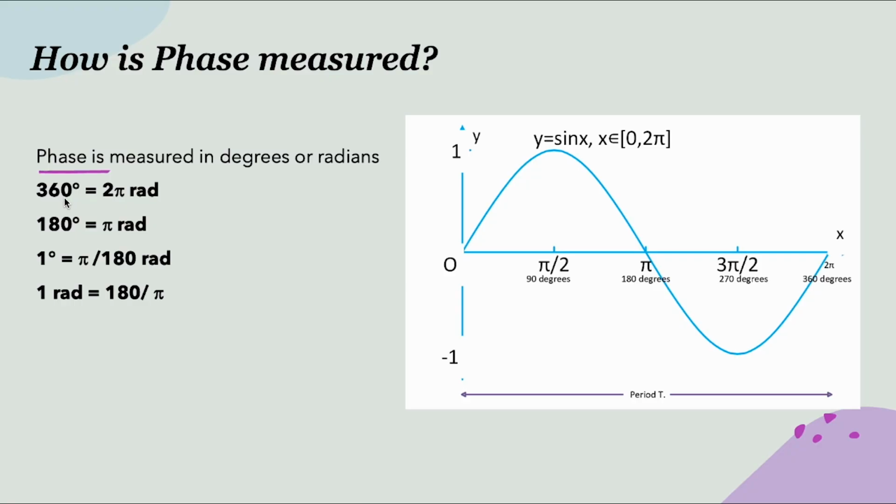Okay. So you see this 360 degrees is 2 pi radians, 180 is pi radians as you see here, and 90 degrees is half a pi. So conversely, 1 degree is equal to pi divided by 180 radians, or 1 radian is equal to 180 divided by pi. Okay.